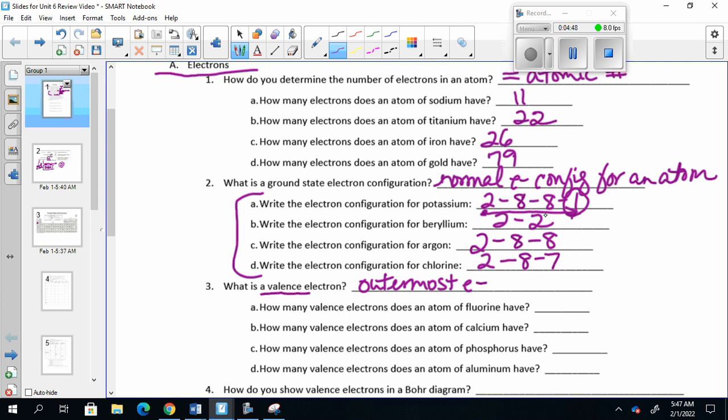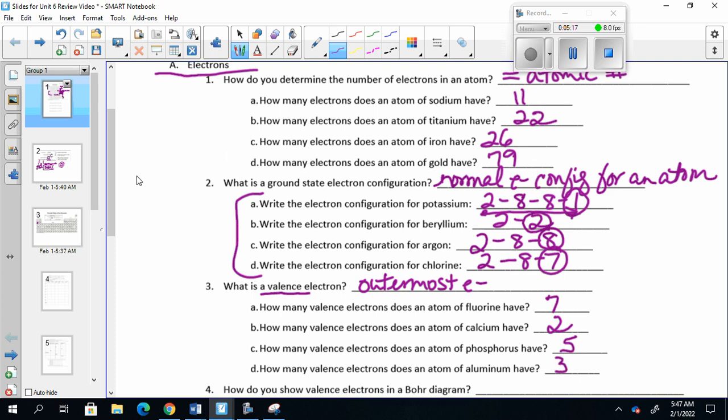So this is the valence, this is the valence, this is the valence, this is the valence. All right, so for fluorine, let's just look at that last number in its configuration. Its configuration is 2-7, so it has 7 valence. Calcium 2, 8, 8, 2, so 2 valence electrons. Phosphorus has 5, and aluminum has 3.